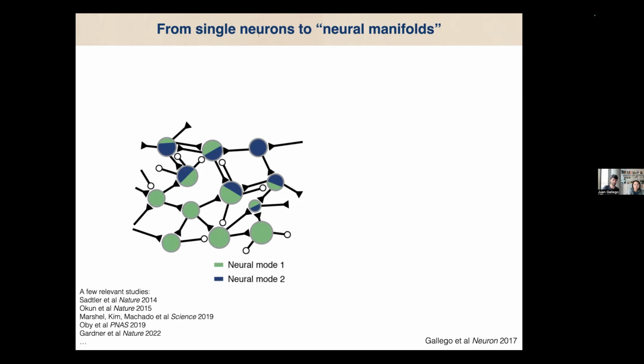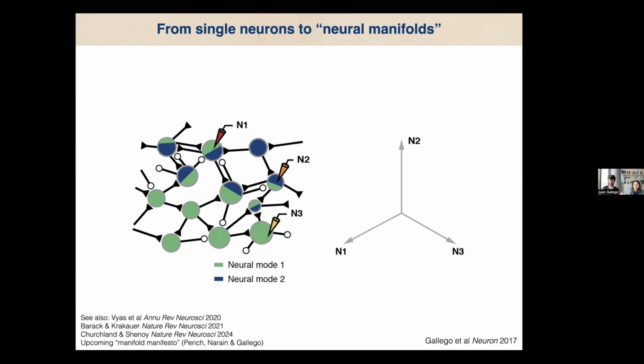This sounds very vague and philosophical, so here is how we can use this idea experimentally. Imagine that you've recorded from these three neurons. Instead of looking at their independent activity as a function of time or task parameters, what we do, and many other groups do, of course, is build a neural state space in which each axis is the firing rate of a neuron.